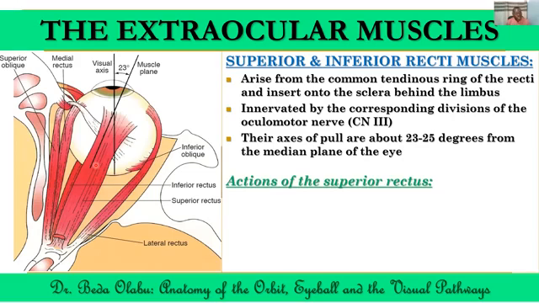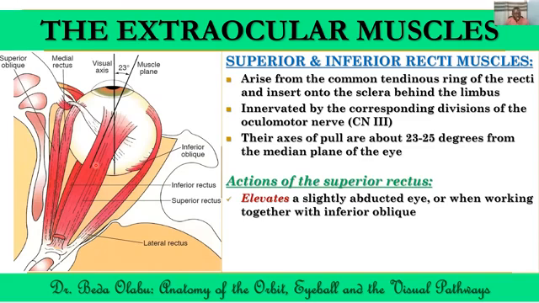Now, let's begin with the superior rectus. What are the actions then? If it contracts, it will make the pupil go up. And that will be especially true if this pupil was already slightly abducted. Then when superior rectus contracts, it will elevate the pupil.